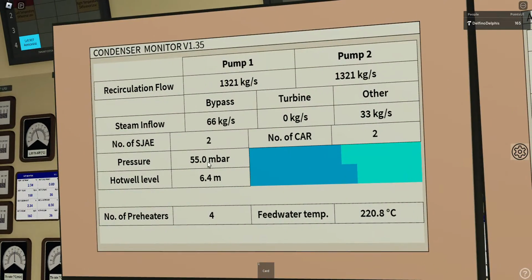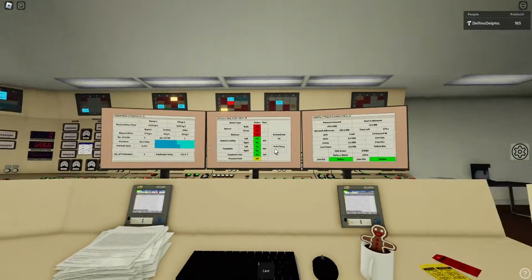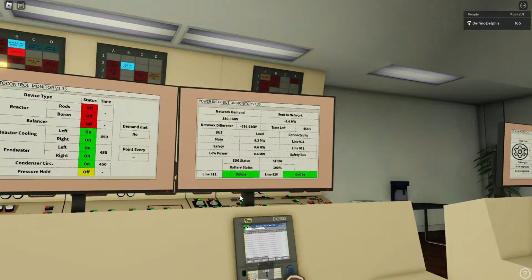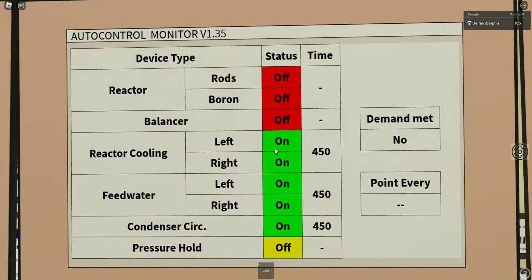So here we have the condenser, which is pretty self-explanatory. This is the network status. So you can see there is some demand. We are sending a negative number to the network because we are powered from the offsite at this moment. You can see also which buses drain how much power, how they are powered. And this is the auto control panel.